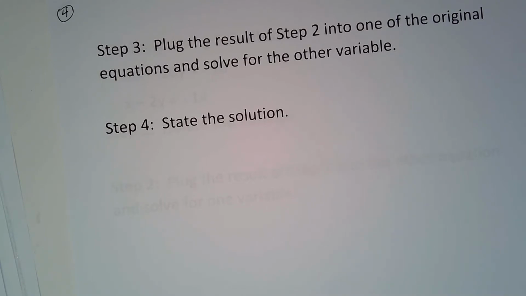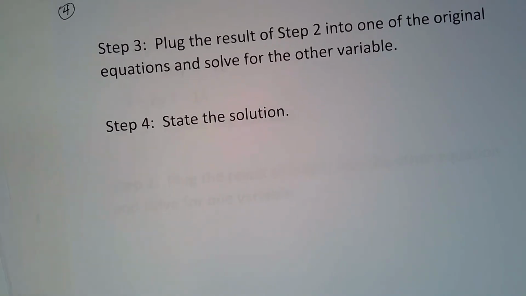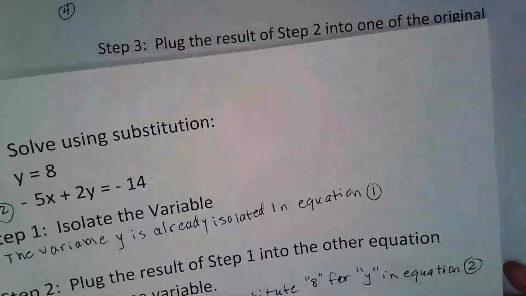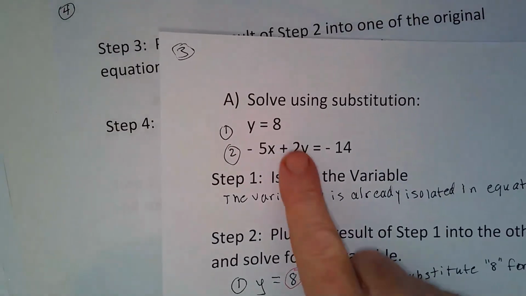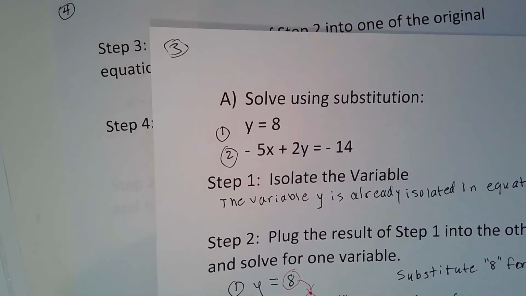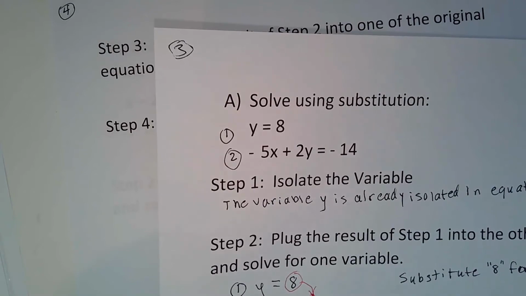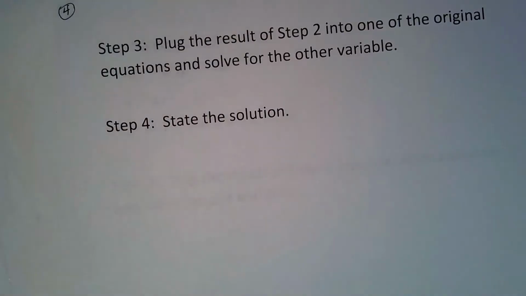So in step 3, since equation 1, if you go back here and you look at equation 1, was already solved for y. If you look at it, y equals 8. Then we don't need to solve for y. We just skip the step. So let me write that down.